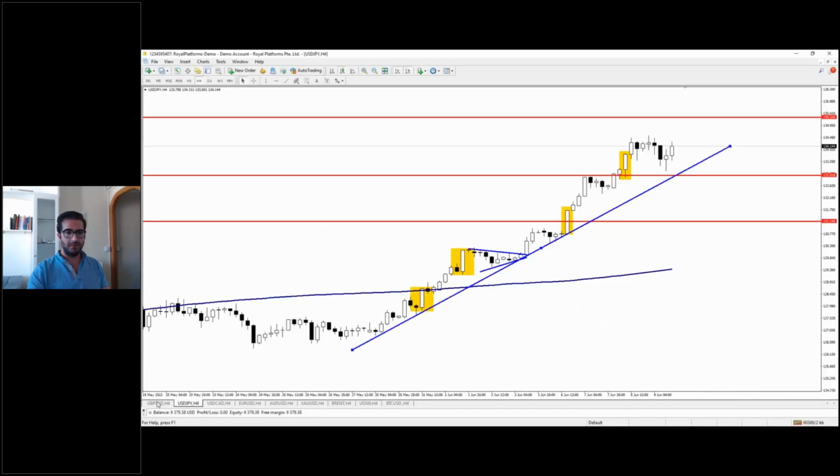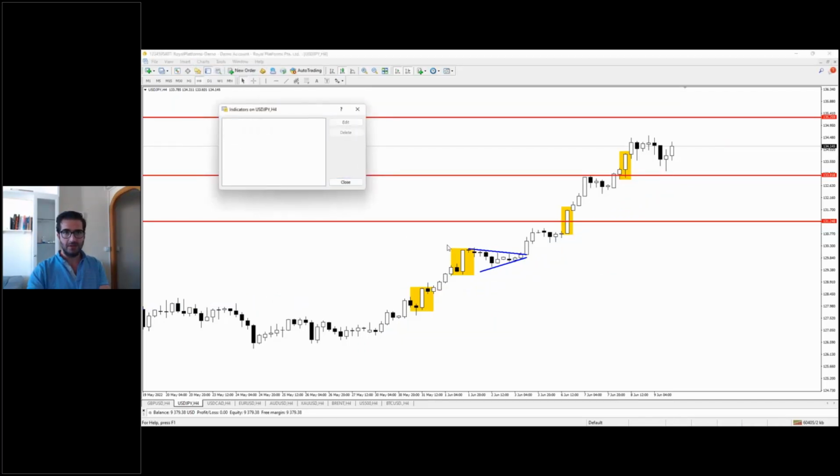Let me give you an example on MT4. So here in USD JPY, let me remove this and remove the indicators as well. This is how you can remove it. So if the market here is moving to the upside, this is called a pennant. When the market managed to break this pennant to the upside, the market moves to the upside.